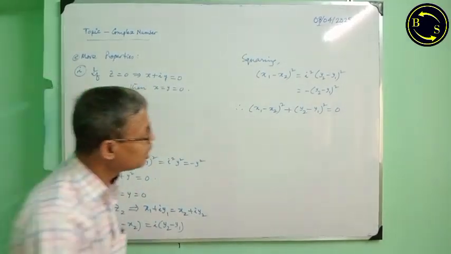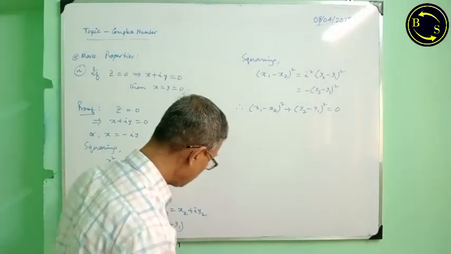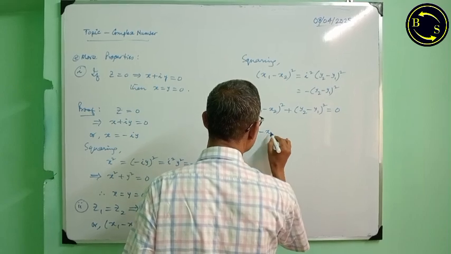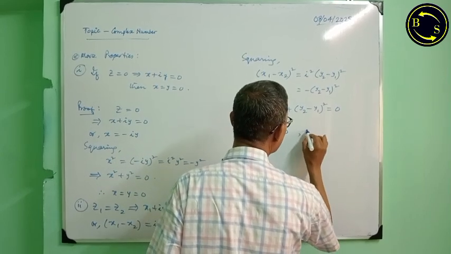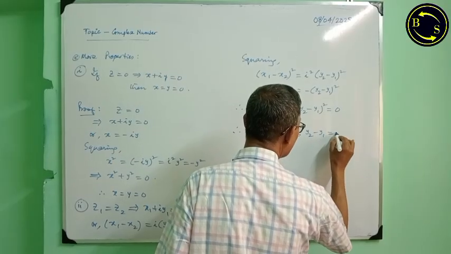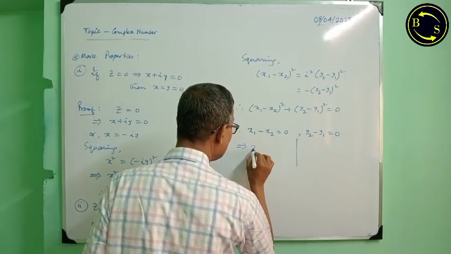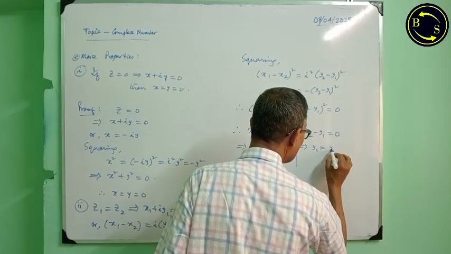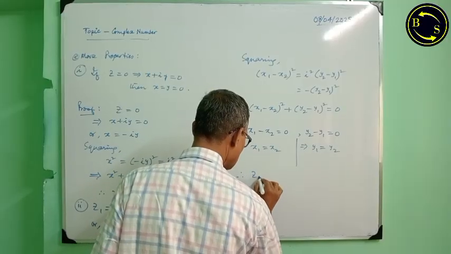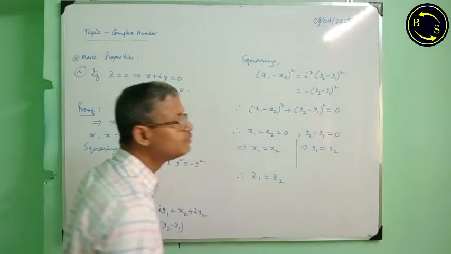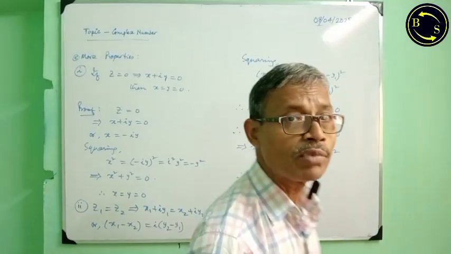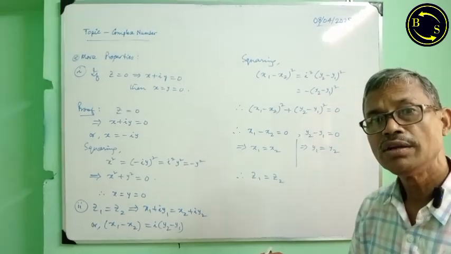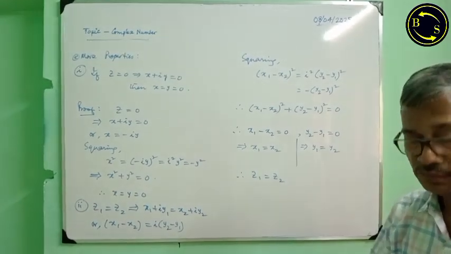After a few steps we have got sum of two squares equal to 0. Already I have discussed, if we get this, then the conclusion will be each of them is 0. From it we get x1 equal to x2 and from this we get y1 equal to y2. Therefore, z1 equal to z2. Therefore, if two complex numbers be equal, then their real parts will be equal, also their imaginary parts will be equal.